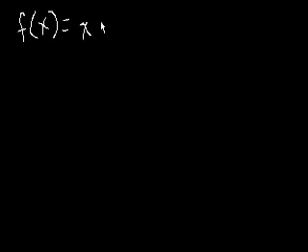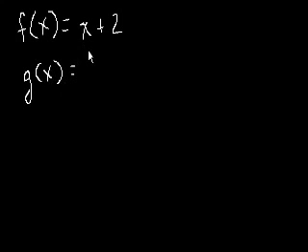Let's do some actual problems using functions. So if I were to tell you that I had one function called f of x is equal to x plus 2, and I had another function, g of x, is equal to, let's say, x squared minus 1.